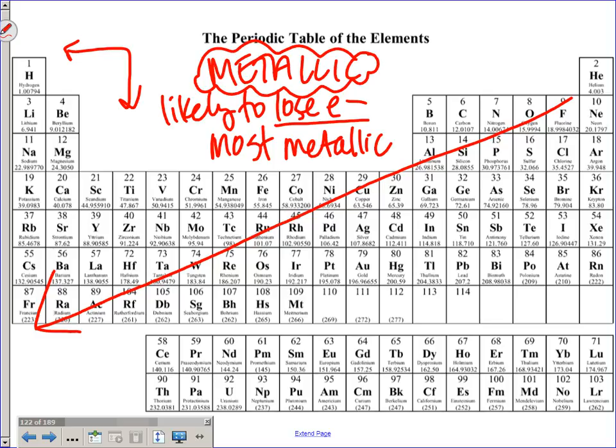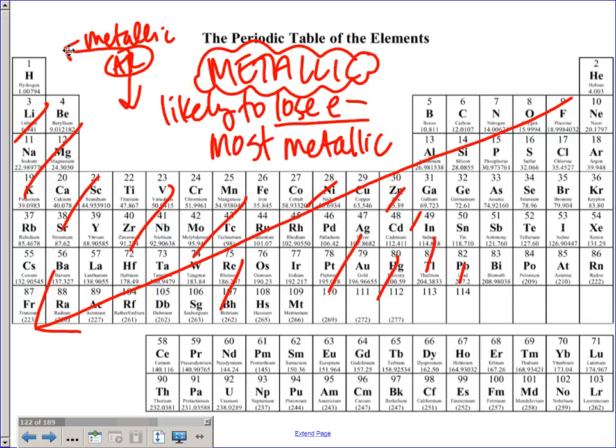And so it probably makes sense: all the metals of the periodic table, let's face it, those are all the metals. Most of these over here are non-metals, so it makes sense that metallic nature increases this way towards the metals. But it happens to follow the same direction as the atomic radius. Is this too much? I can go back.